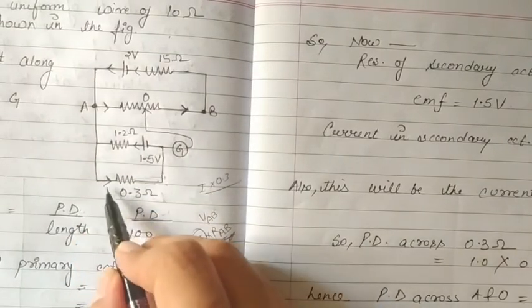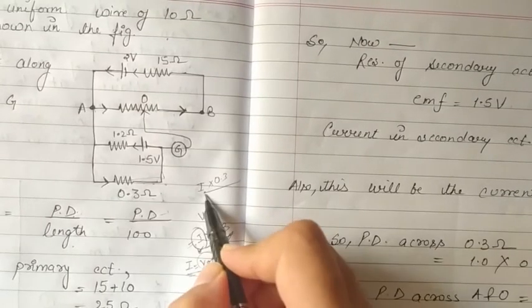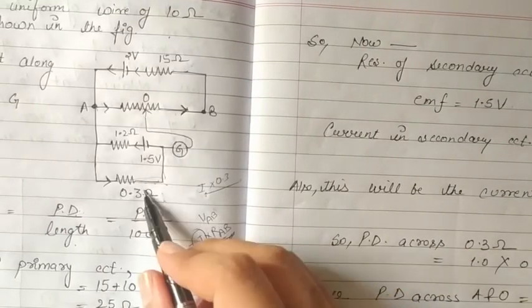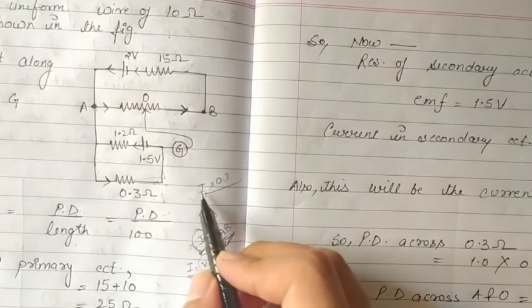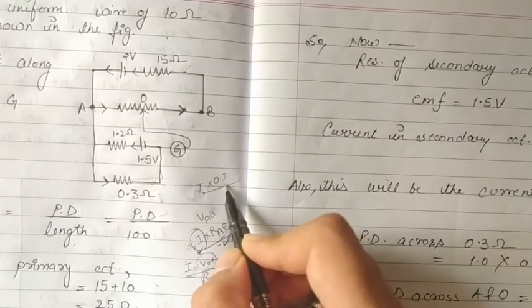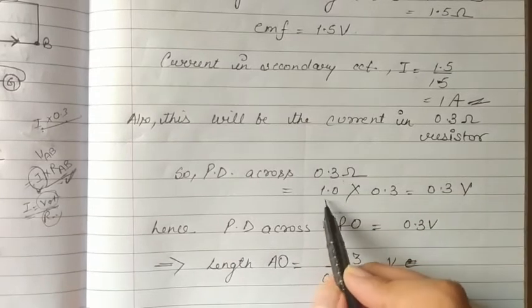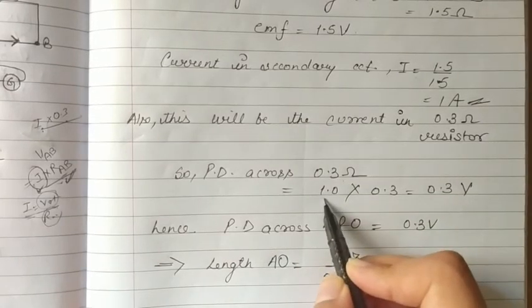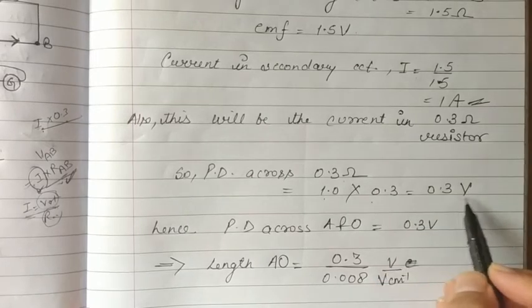That means in the 0.3 also 1 ampere current is flowing, and the potential difference across this resistance will be 1 into 0.3, that is 0.3 volts. So potential difference across 0.3 ohm resistor is current across it, that is 1 ampere, into resistance of it, that is 0.3, means 0.3 volts.